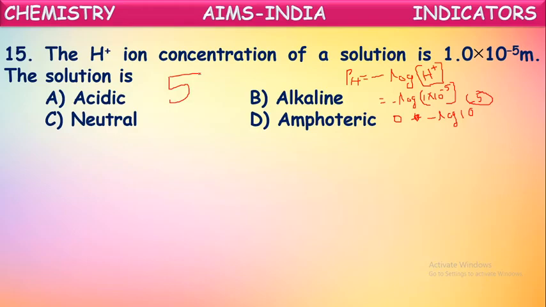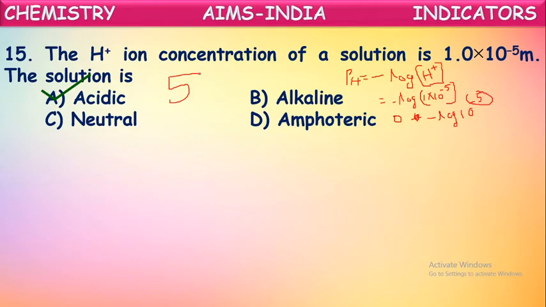If it is having the pH value 5, what kind of substance is this? We know if the pH value is between 0 to 7, then the solution is said to be acidic. The solution is acidic in nature if the concentration of H plus ions is 1 into 10 to the power of minus 5 molar. If the concentration of H plus is given, we can find its pH value.